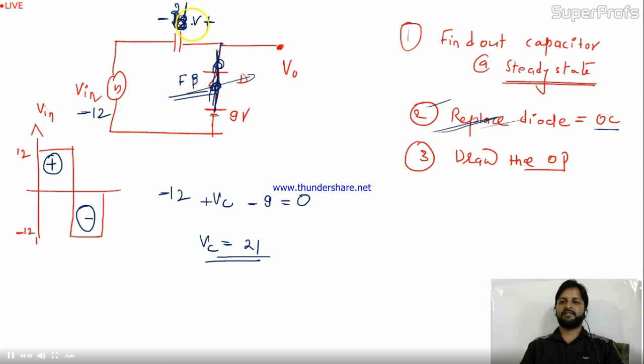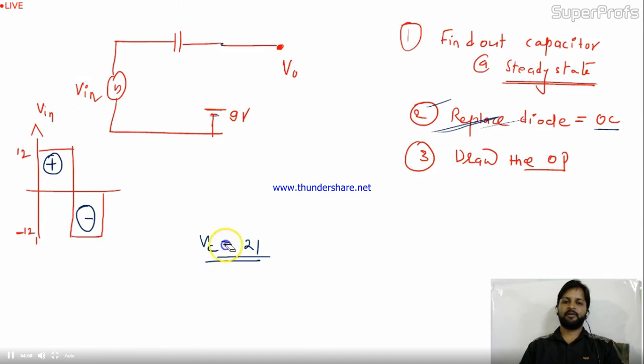Now this is the steady state voltage across the capacitor. I can say the capacitor is fully charged now. Once the capacitor is fully charged, you have to replace the diode by an open circuit. I'm going to replace the diode by an open circuit once the capacitor is fully charged. Let me assign the value. This is -21 volt. The capacitor is fully charged.